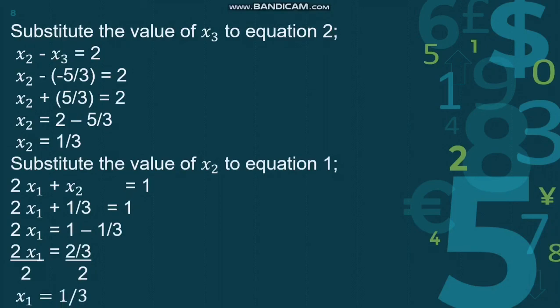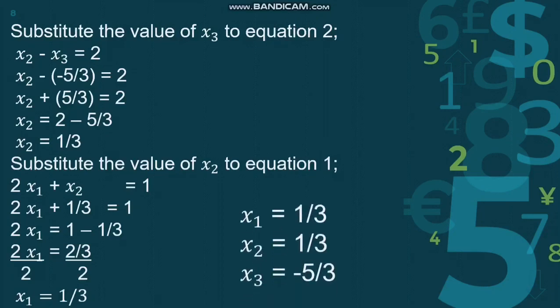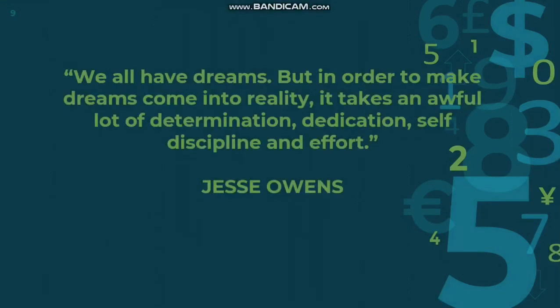We will get the value of x sub 1, which is 1/3. The value of our x sub 1 is equal to 1/3. The value of our x sub 2 is equal to 1/3. And the value of x sub 3 is equal to negative 5/3.